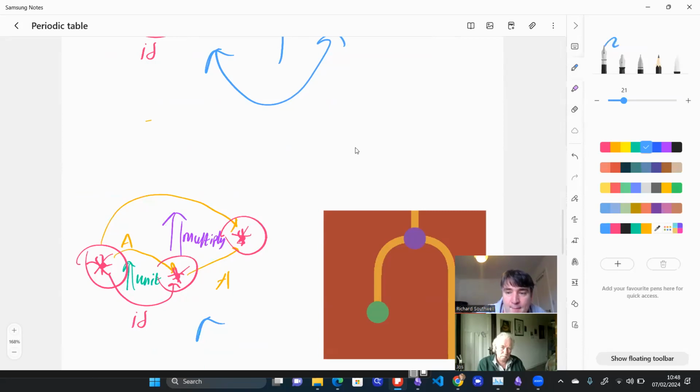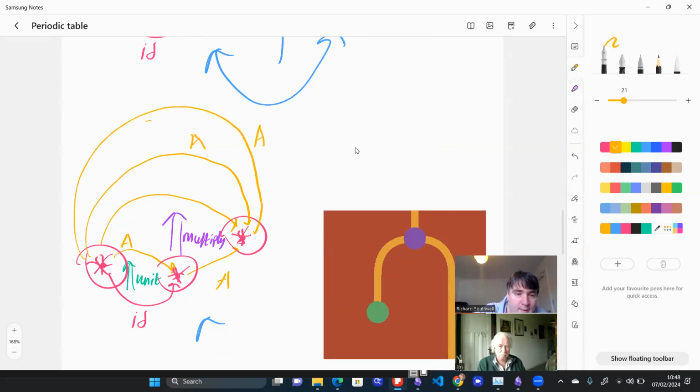We have part of it, but then we should also say that on the back we have A, and then we have A, and then we have the identity of A. And then if you imagine this like a sphere, this would be like one hemisphere, and this would be the other hemisphere on the back. And then in the middle of the sphere, we have this sort of 3-cell here, which is called equals.